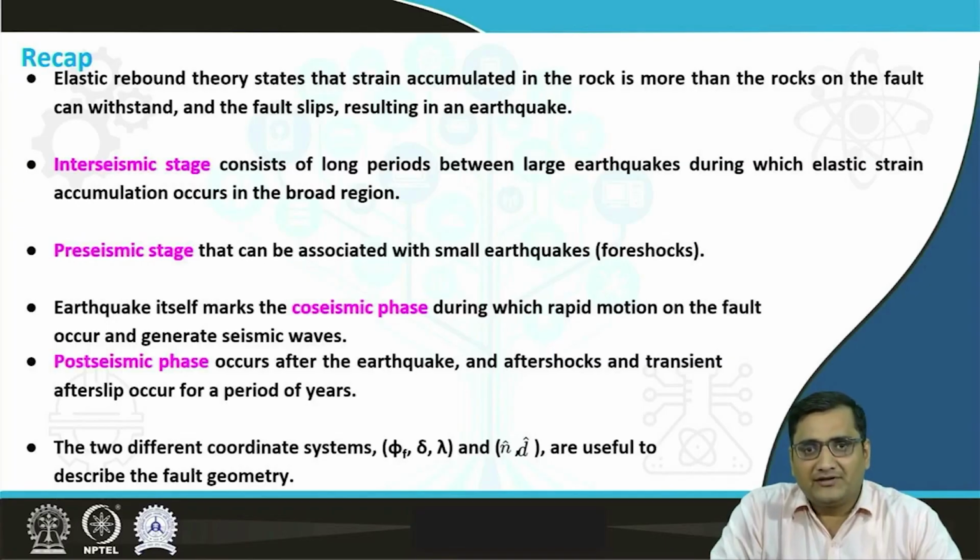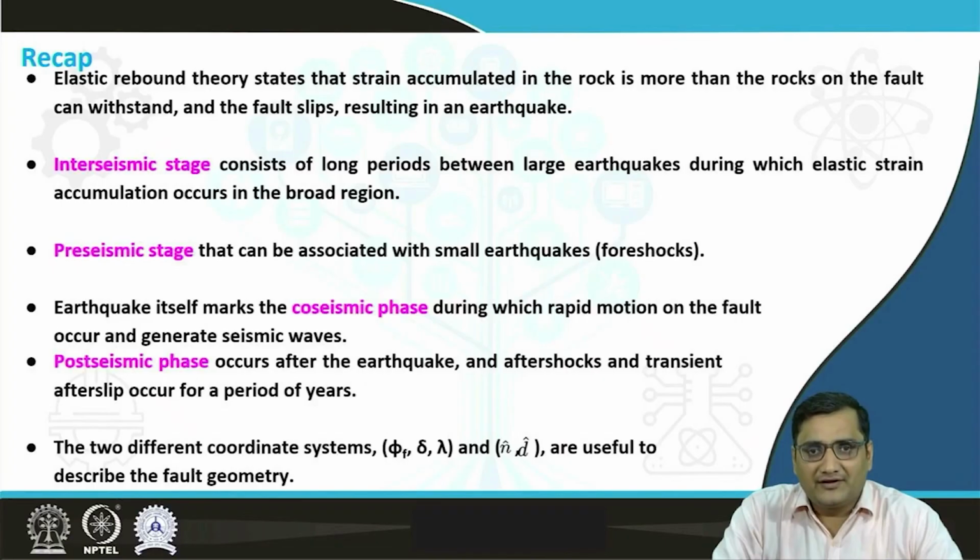In the pre-seismic stage, the foreshocks happen, which are associated with small earthquakes. Then the co-seismic phase comes, which is the phase where the earthquake itself happens, with rapid motion on the fault that generates the seismic waves.